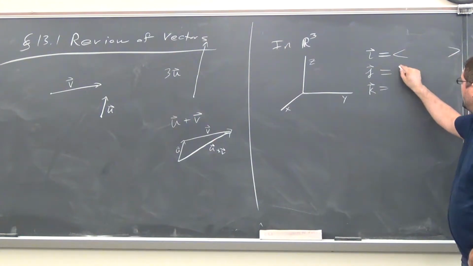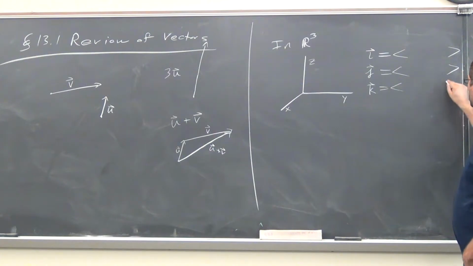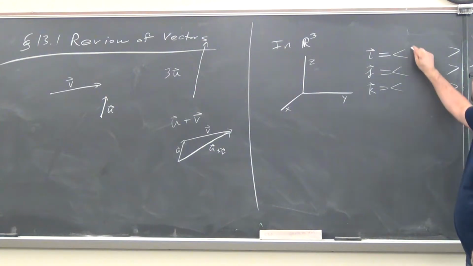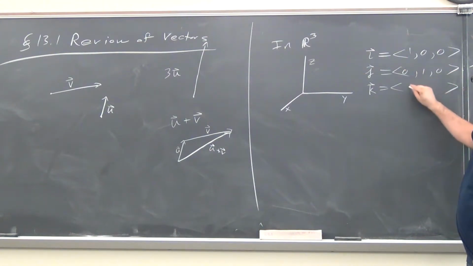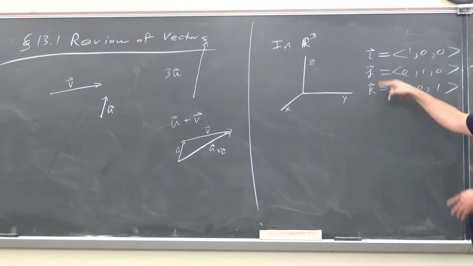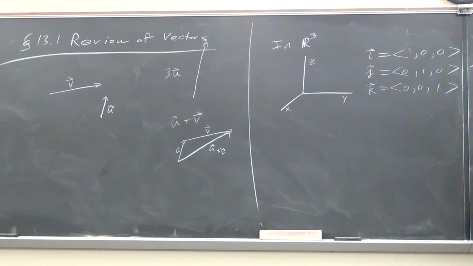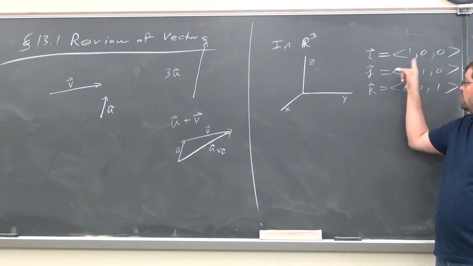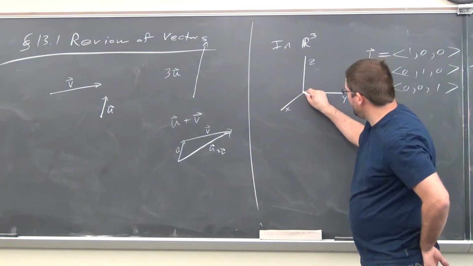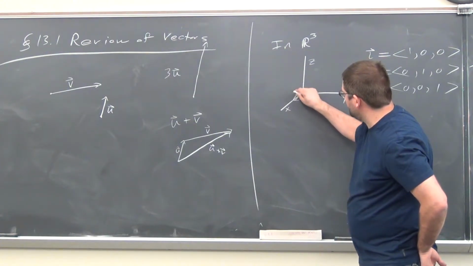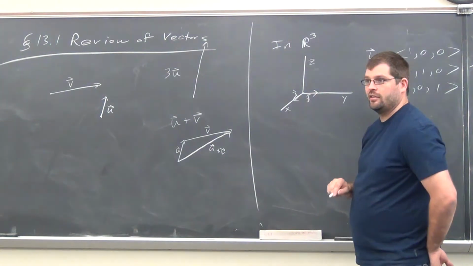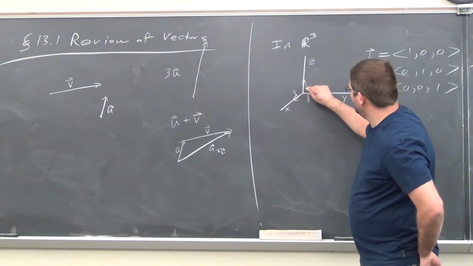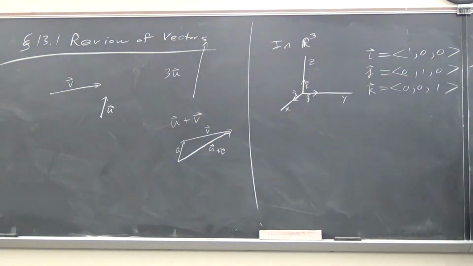I'm jumping ahead a little bit. i is 1, 0, 0, j is 0, 1, 0, and k is 0, 0, 1. What do they represent graphically? Each axis: not just the axis, but a vector of length 1 down the axis. So there's i, there's j, and then there's k sticking straight up. All one unit. Does that all look familiar?